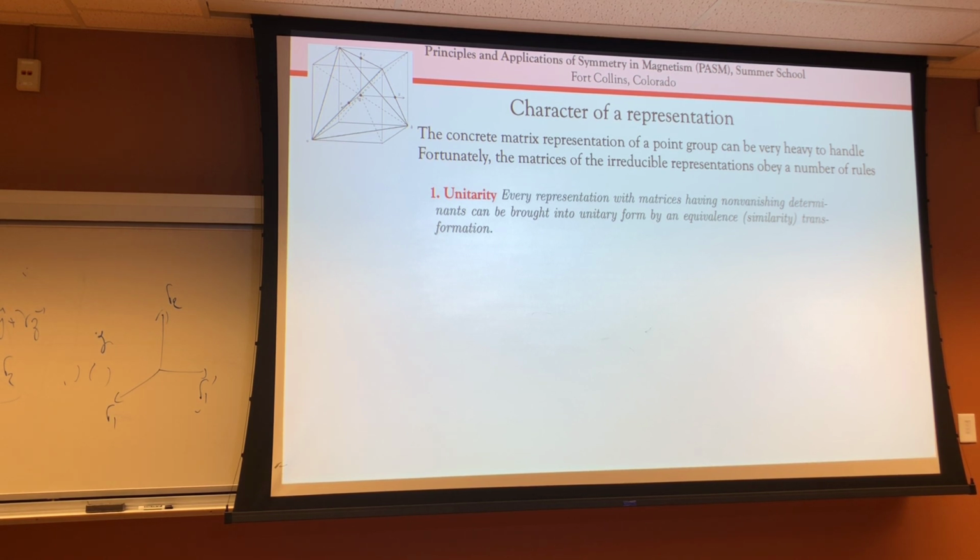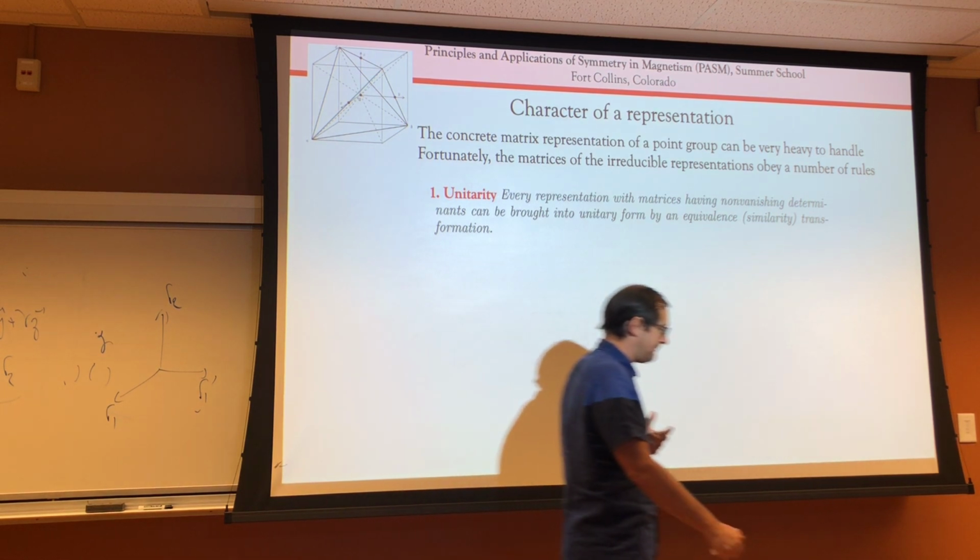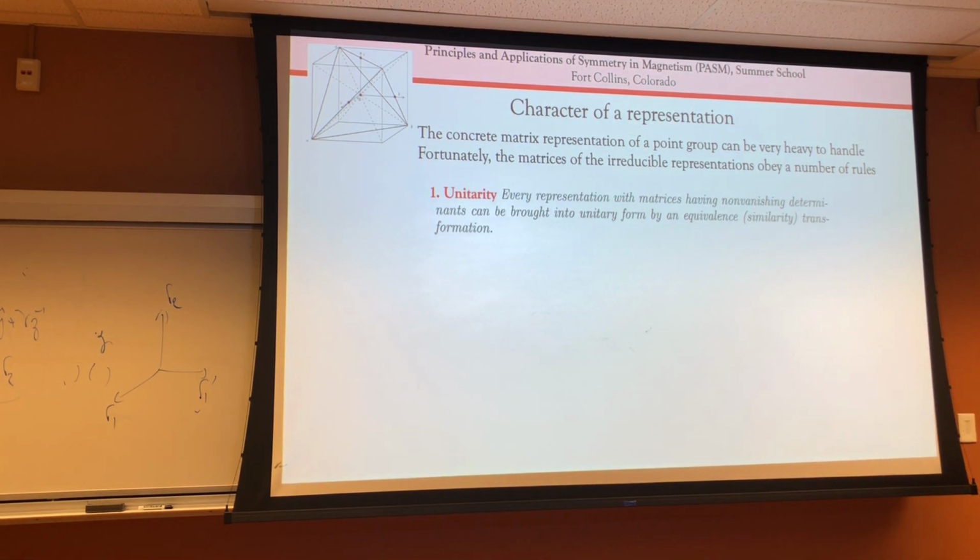There are different ways because you can always rotate the frame. The symmetry property of the crystal should not depend on the frame. So to make these properties frame independent, we do not use the matrices. We represent the matrix with their character, which is the trace. Okay? And the trace has many interesting properties.